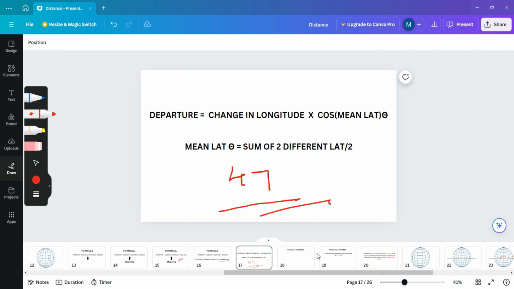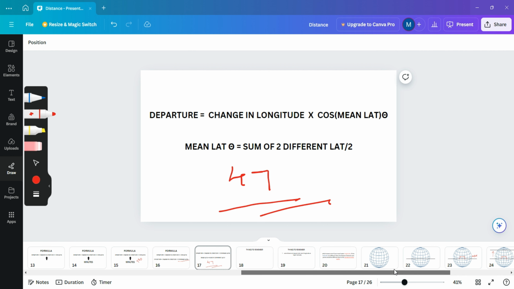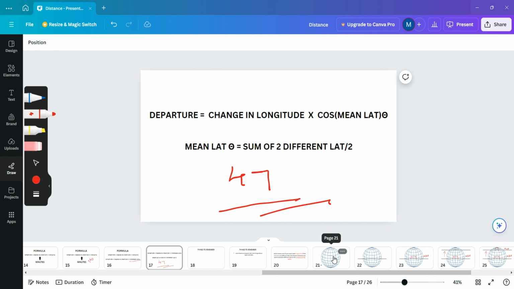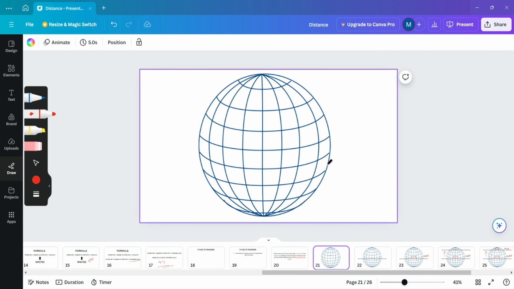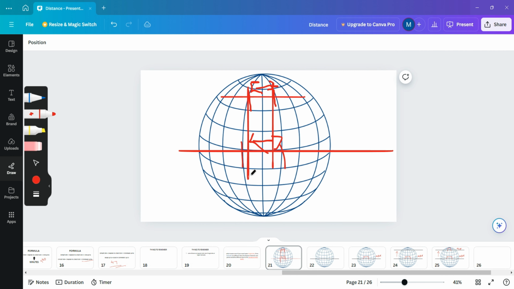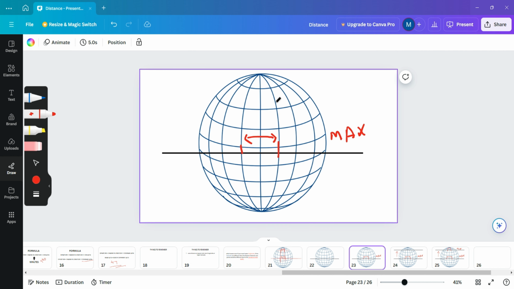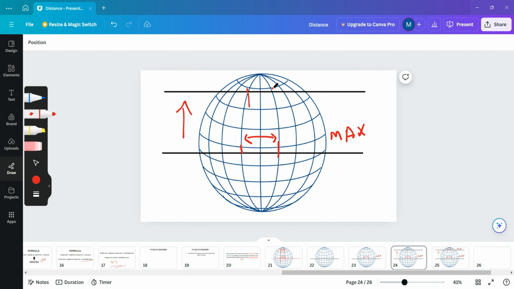Now there are some things which you need to remember. As you have noticed, the Earth is a sphere, or more specifically, it is called an oblate sphere. And as you see, as you go higher towards the poles, the distance between the longitudes is minimizing.